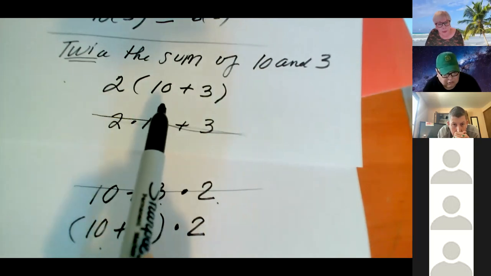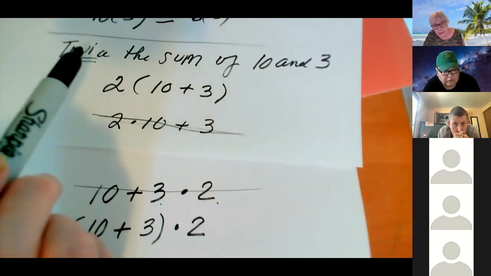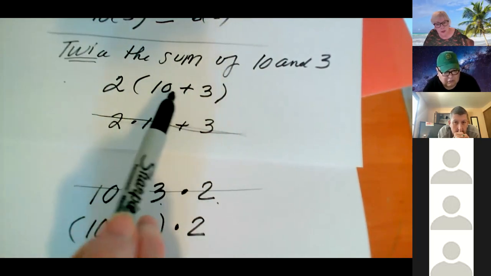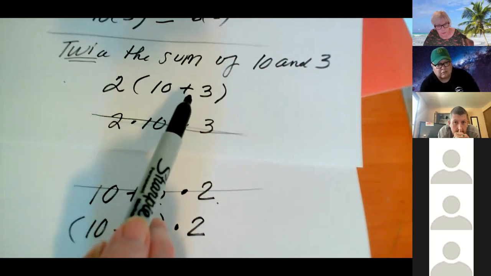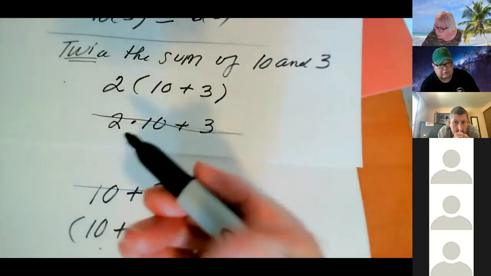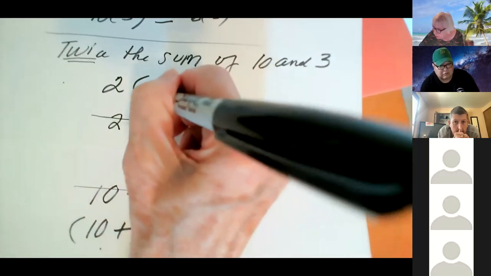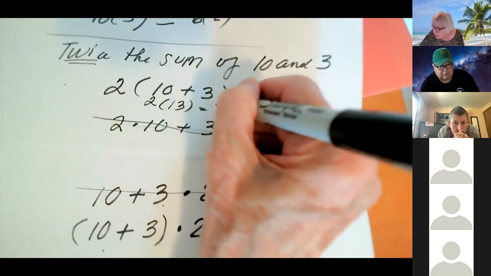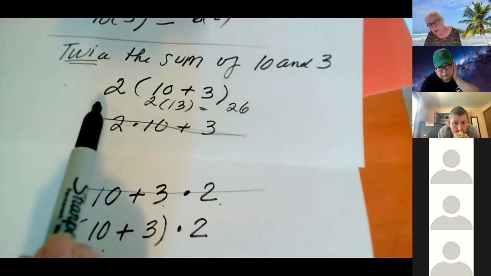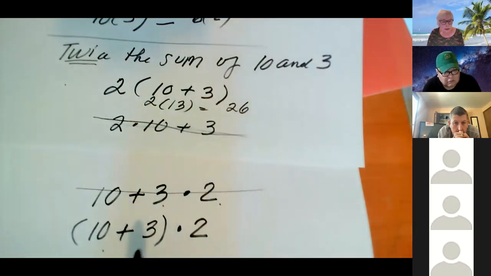So it's 2 times the sum, and you're really forcing yourself to do the adding first. The 10 and 3 would of course be 13, and 2 times 13 would be 26. This approach would have worked if you had added first and then multiplied by 2, but I think it makes more sense to put the 2 forward. Both of them would get you 26.